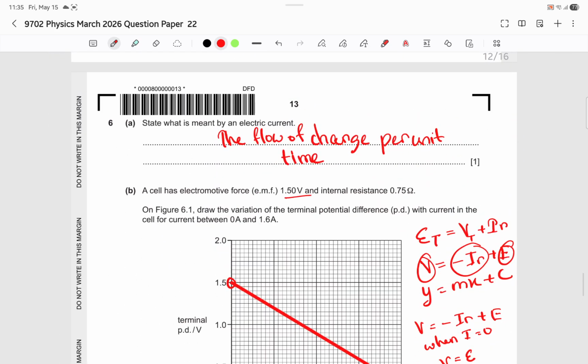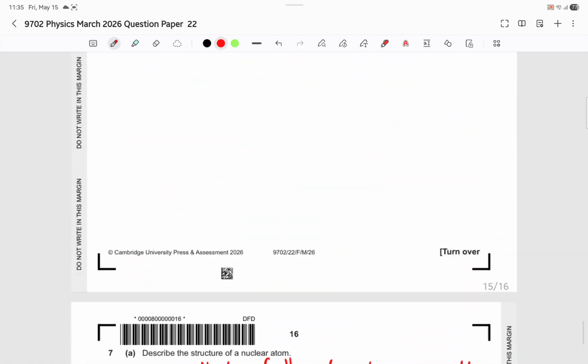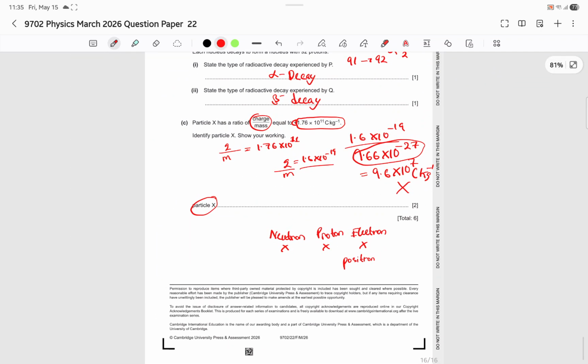Particle X has a charge-to-mass ratio of this. This is quite interesting.